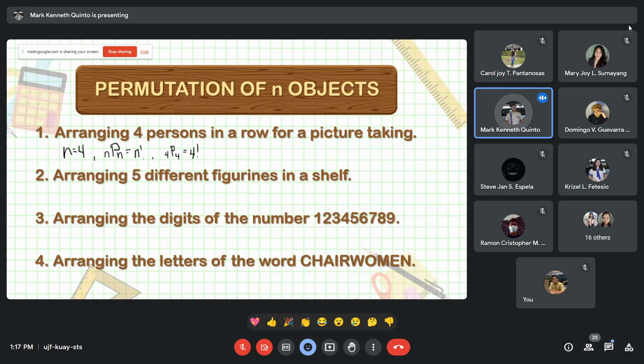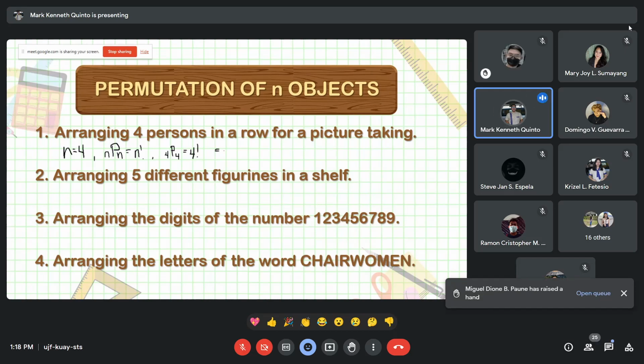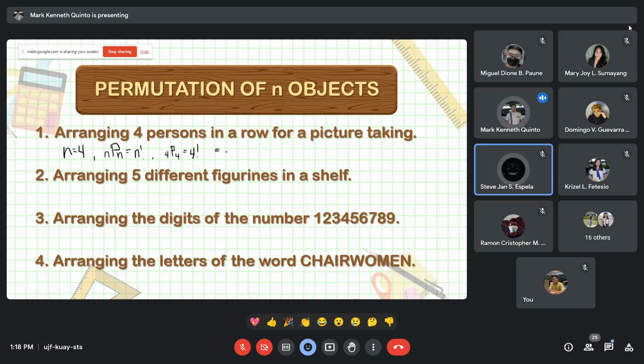According to the discussion of Mr. Espela earlier, if we have 4 factorial, we just have to expand it by subtracting by 1, right? If we expand 4 factorial, what would be the result? Anyone who can give me the expansion? Yes, Mr. Paume: 24.